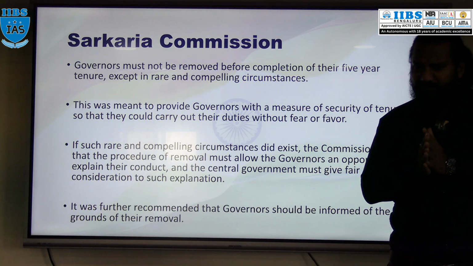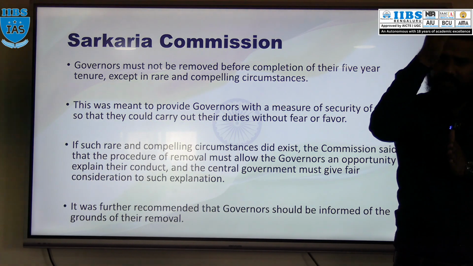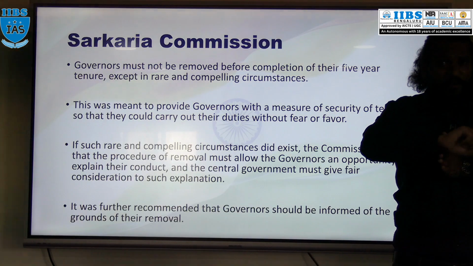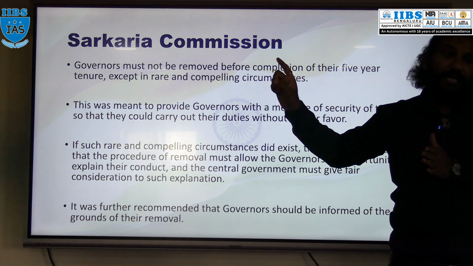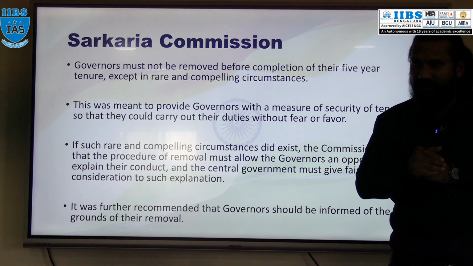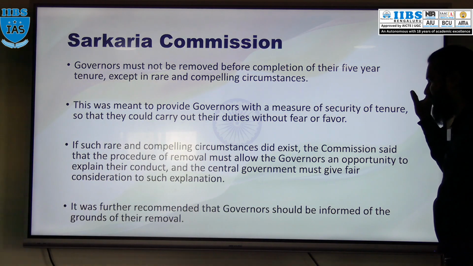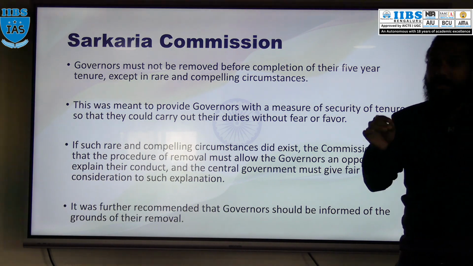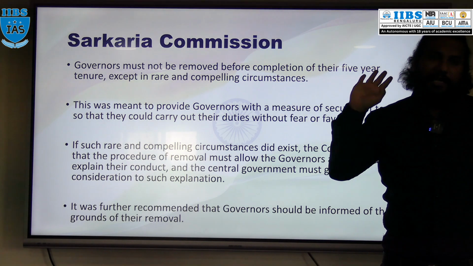If the governor did something and the central government is removing on that basis, the central government should give the governor a chance to explain why such action was taken. A chance of justification should be given, and information about the grounds of removal should also be given to the governor.